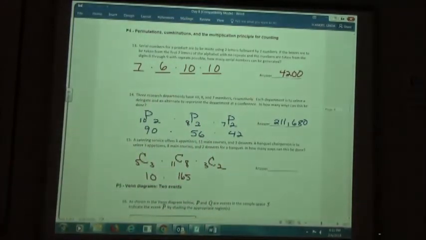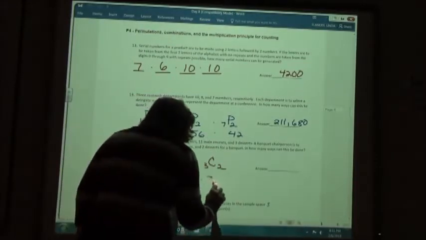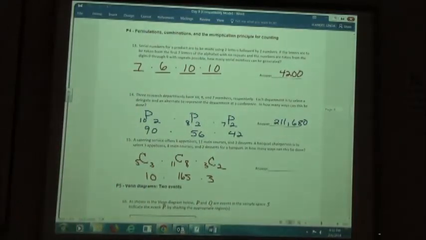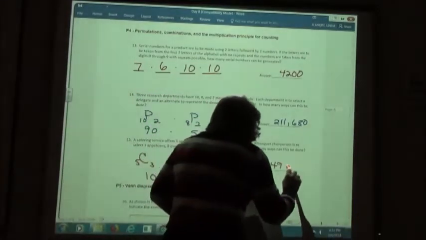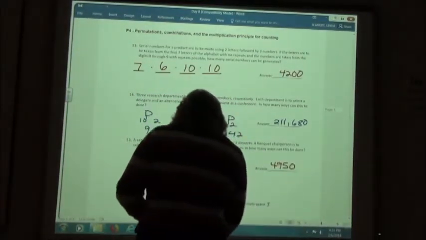And 3 things taken 2 at a time, we get 3. And then for our fundamental counting principle, we're going to take the 10 times the 165 times the 3 to get our total number of ways. 4,950. All right.